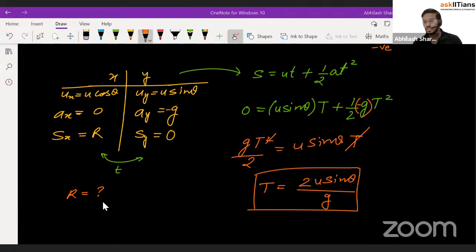No, Samiksha, there is. So is that u cos theta in numerator or denominator, Samiksha? Yes, Hisham, you're correct. You just need to substitute the value of capital T. Yes, Samiksha, then it's right.